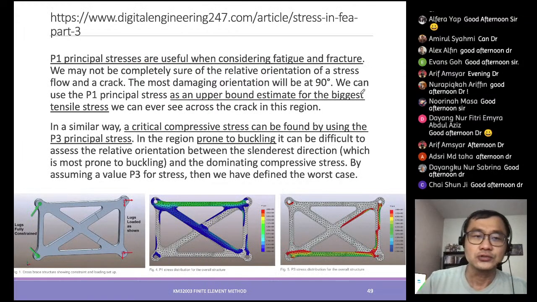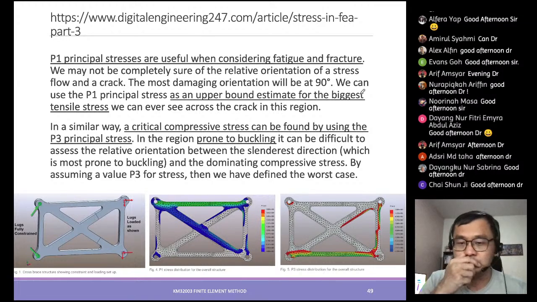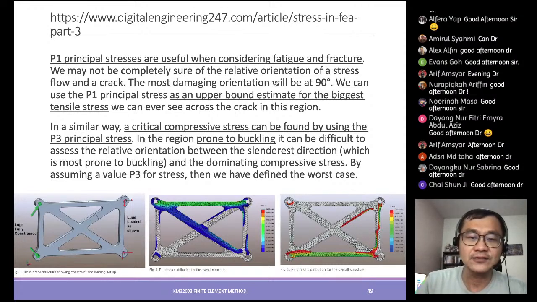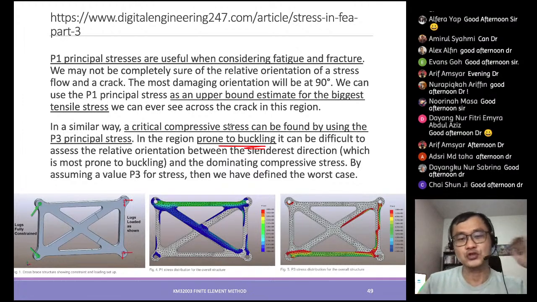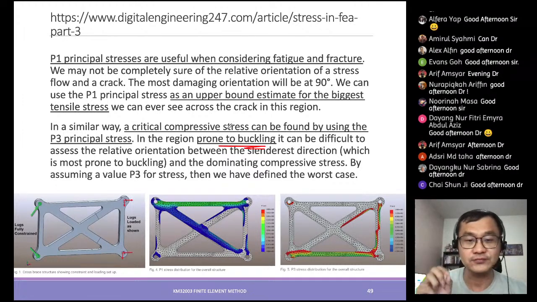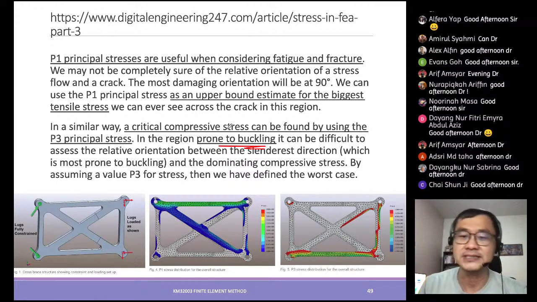This is another example of how you should use principal stress to identify buckling as well as compressive stress. Different stresses will give you different values, so which value you should believe or use depends on what type of limits you would like to consider.